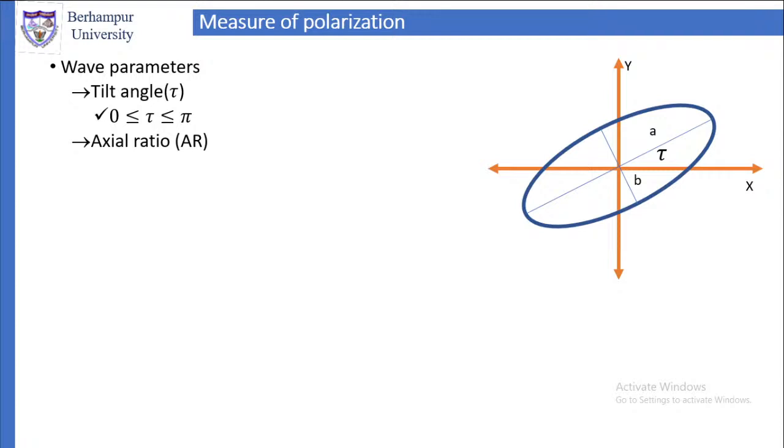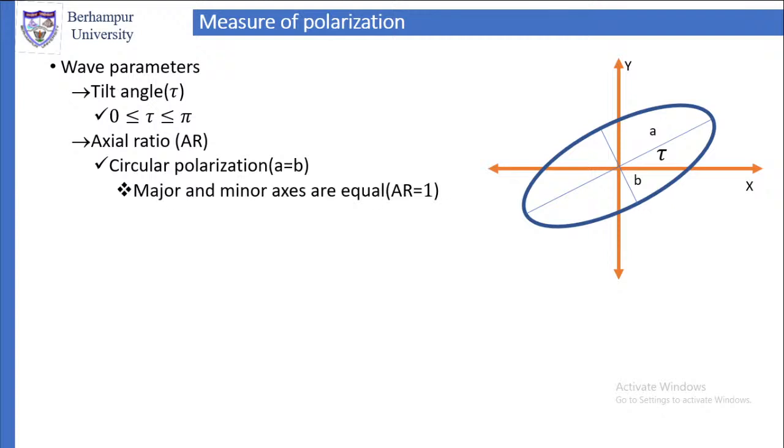For circular polarization, A is equal to B, the semi-minor and semi-major axes are the same, therefore the axial ratio is equal to 1.